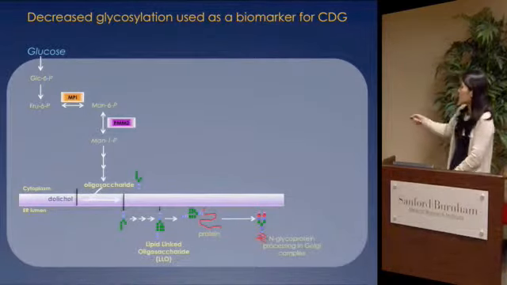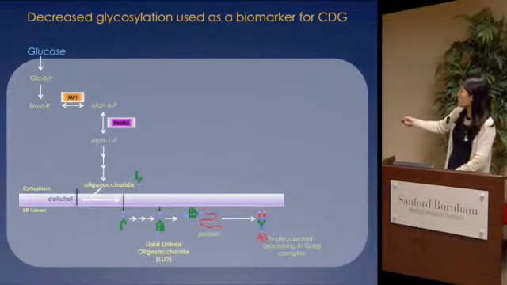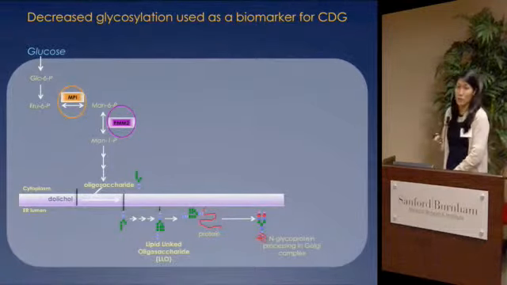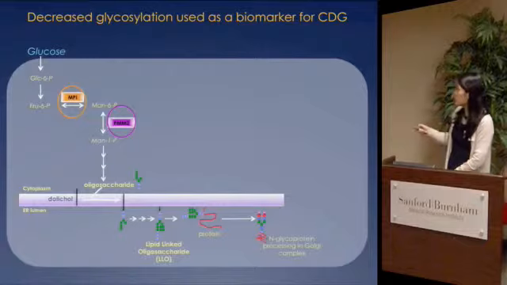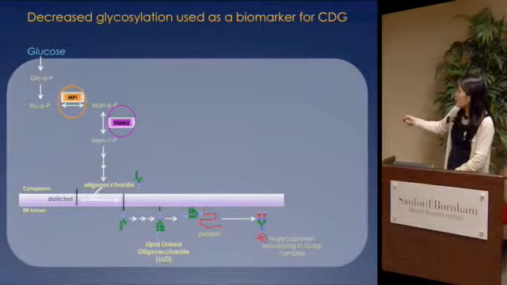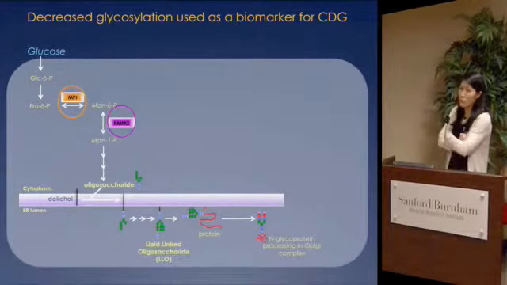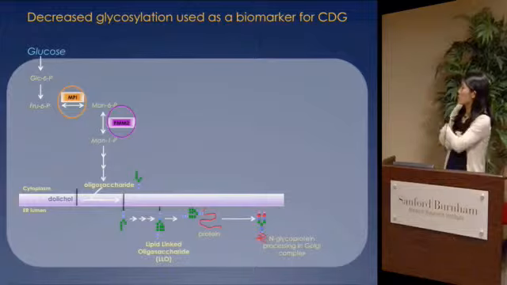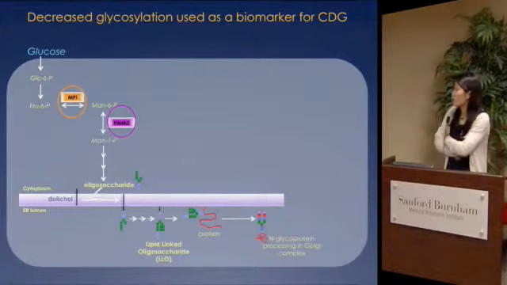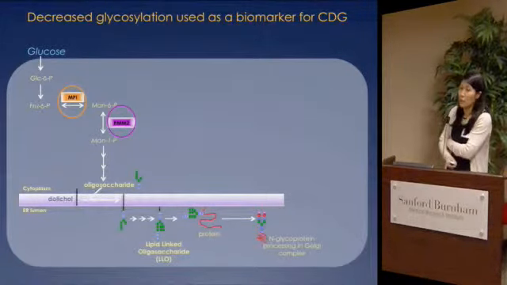Now, what I would like to bring your attention to is the comparison between MPI-CDG, which is the patient Max that HUD just presented, and the next enzymatic reaction after MPI, which is PMM2. The juxtaposition of these two diseases is really interesting to us. PMM2-CDG is probably the most common CDG.